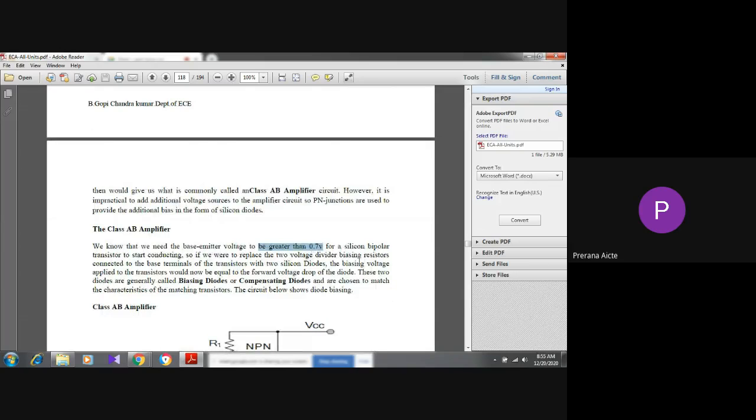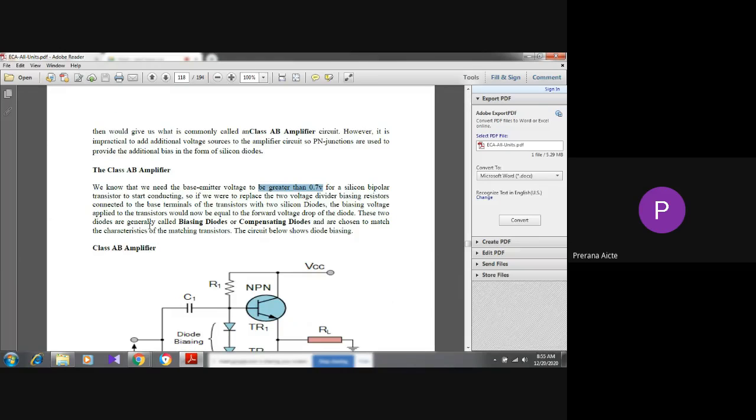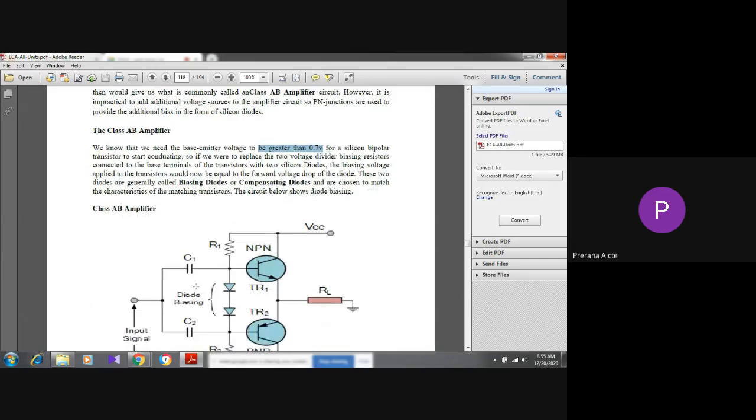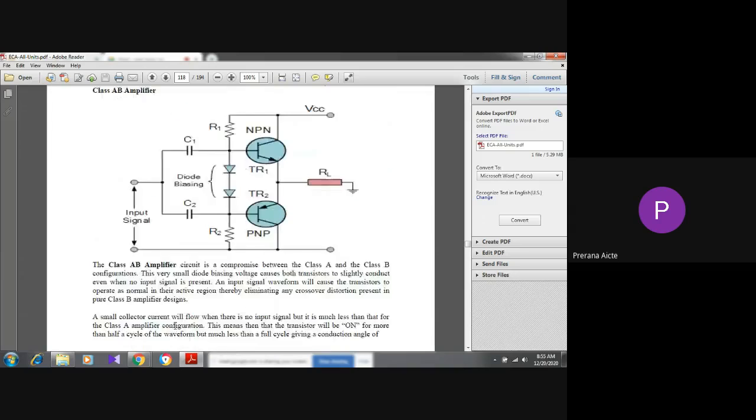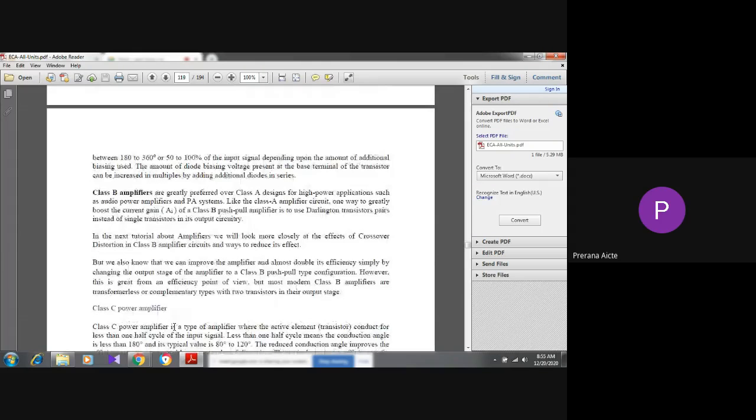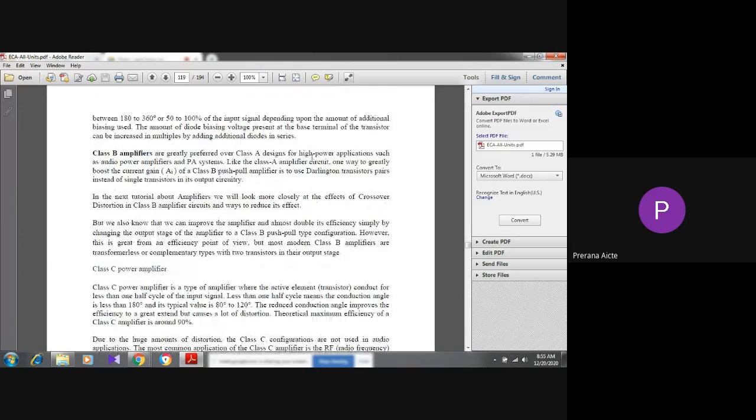These two diodes are special diodes called biasing diodes or compensating diodes. Now some important points about these amplifiers: class A, B, and next we will see class C. Class B amplifiers are greatly preferred over class A designs for high power applications such as audio power amplifiers and public address systems.